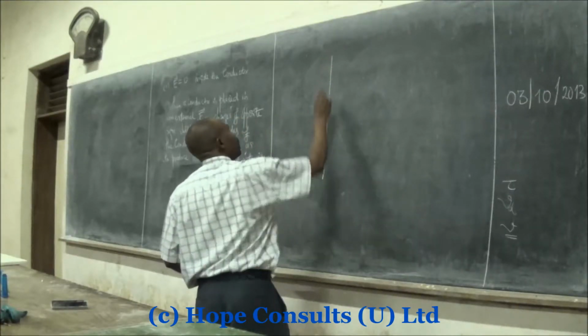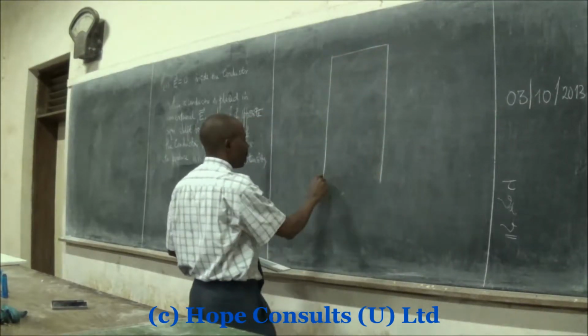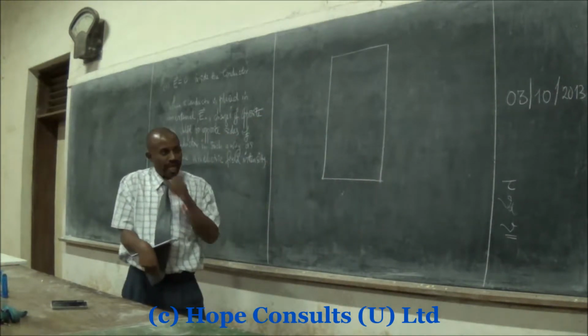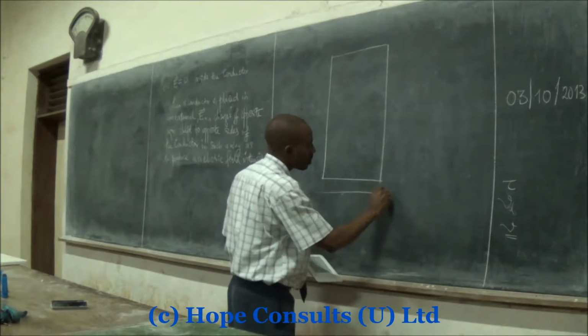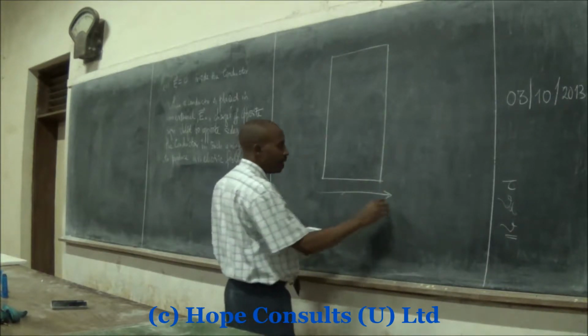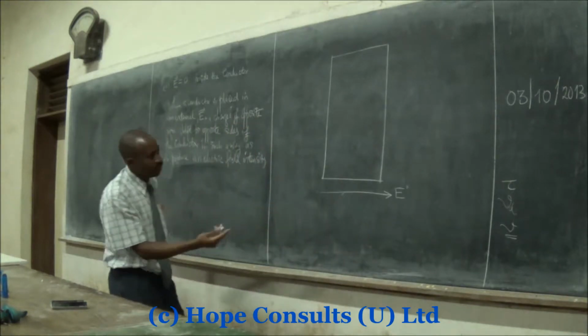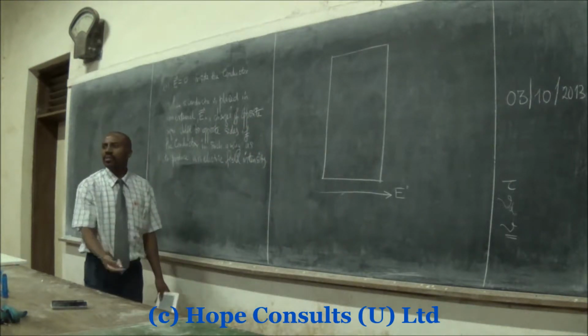So if we put this conductor in an external field, which we call E naught, some of you may ask how this field comes about.